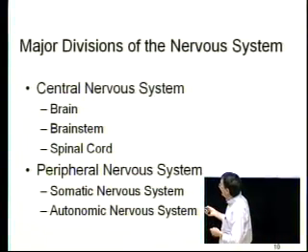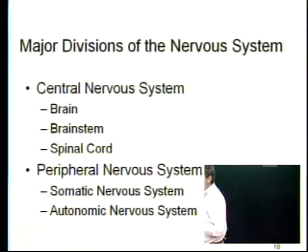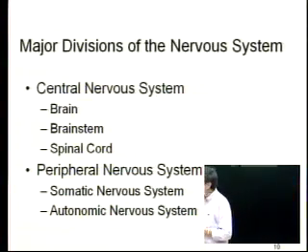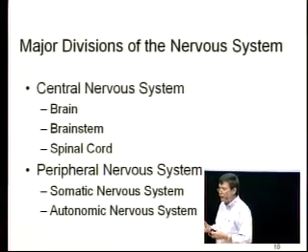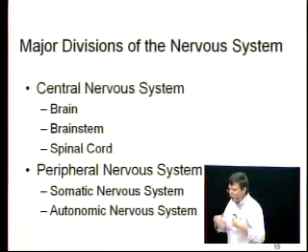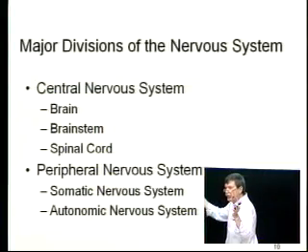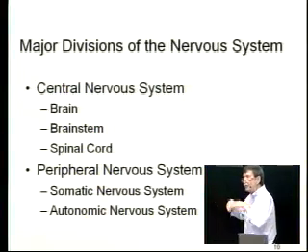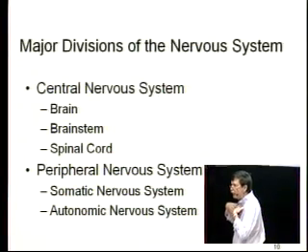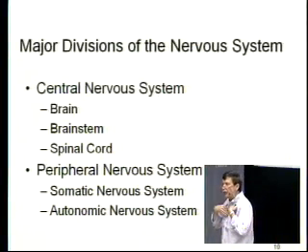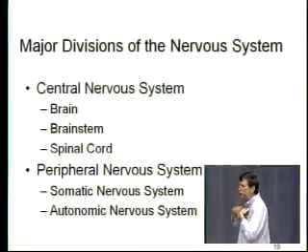And we divide the peripheral nervous system into two different divisions. First is the somatic nervous system, which basically connects all the nerves that run from the sensory receptors and to the skeletal musculature. All the afferent nerves run from the sensory receptors in towards the central nervous system.